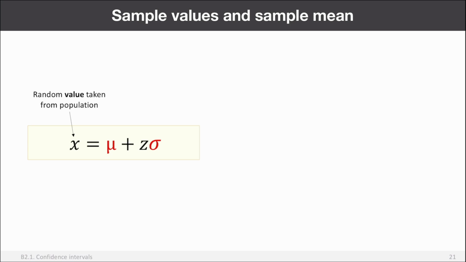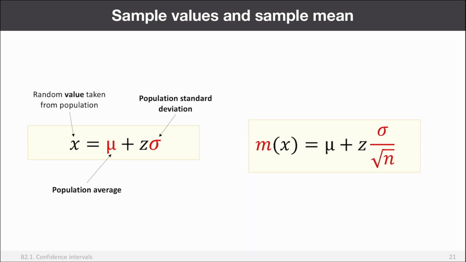Okay. And this is just to compare, right? So when we talk about one single value, for example, apple from a particular tree, or concentration of chemicals in one glass of water taken from a large lake, right? So in this case, if these values follow normal distribution, we describe it like this. We say, this is the random value taken from this population, this is population average, this is population standard deviation, and then we have z-score, which is just a normally distributed random value, right?